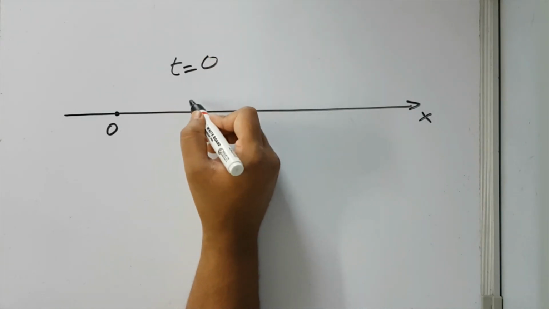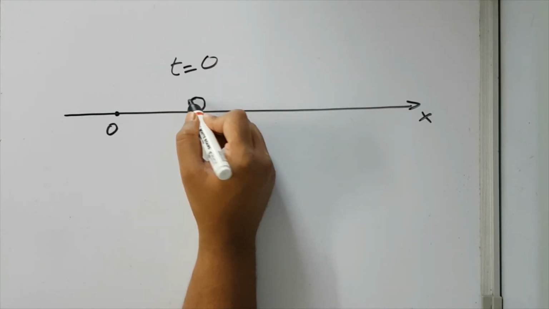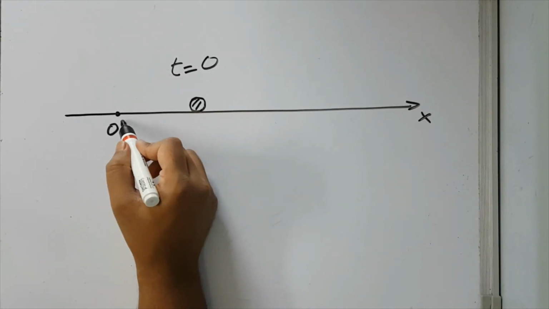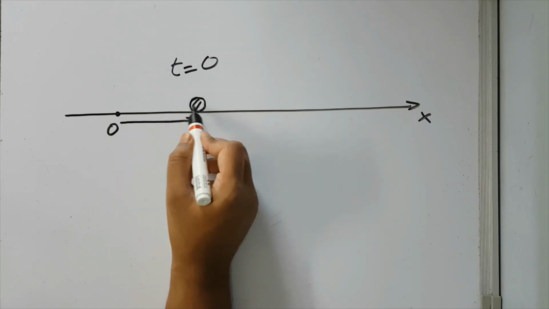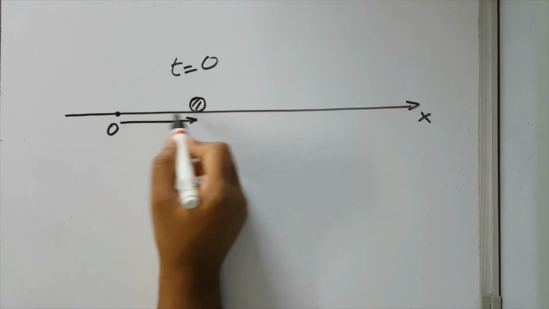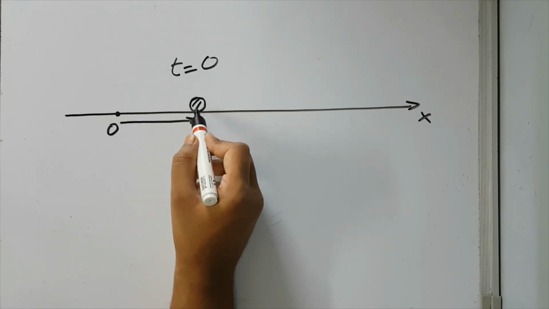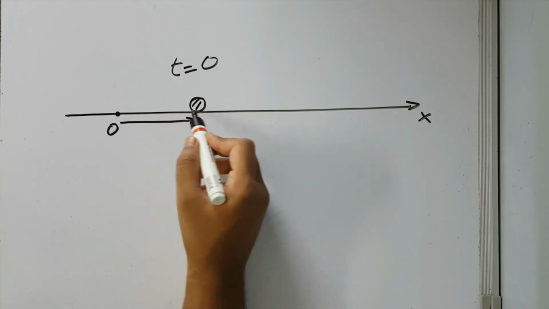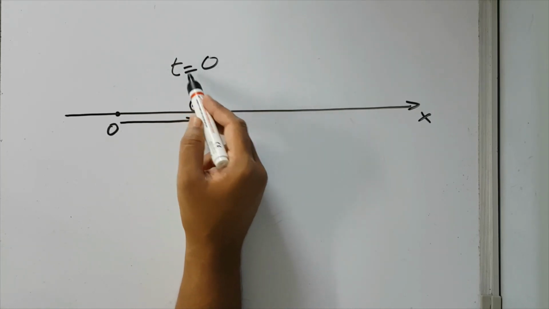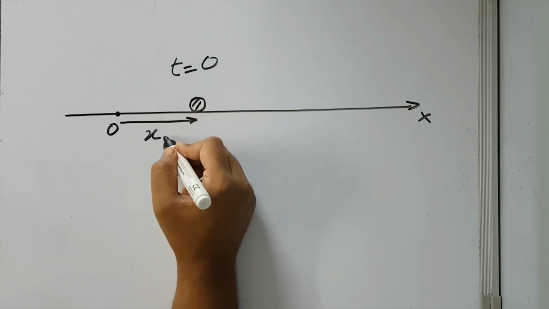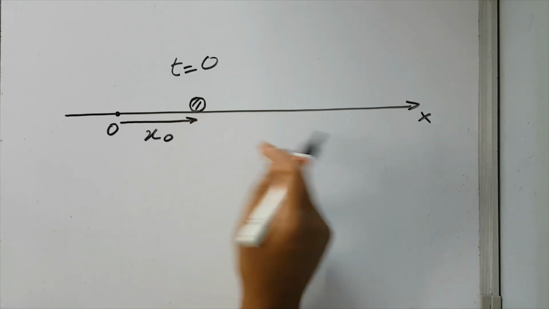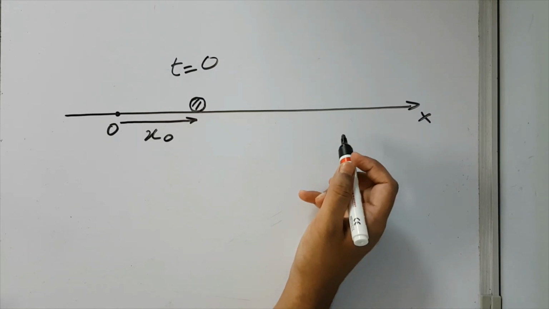Let's say at t is equal to 0, the particle is here, and the distance of the arrow from the origin to its position is called the initial position, because this is at t is equal to 0. We'll call that x naught.